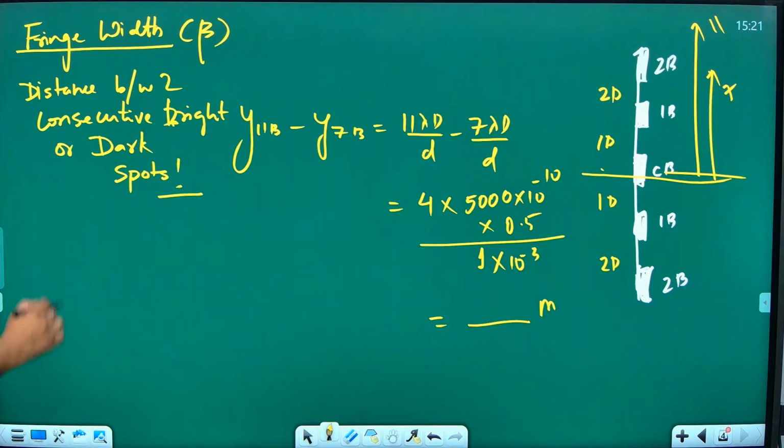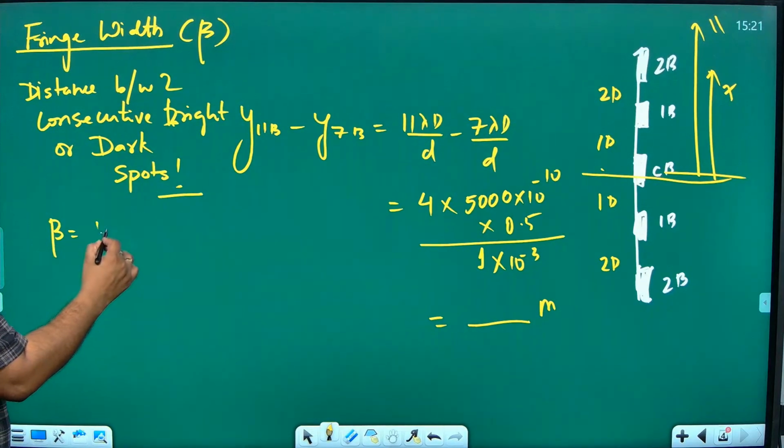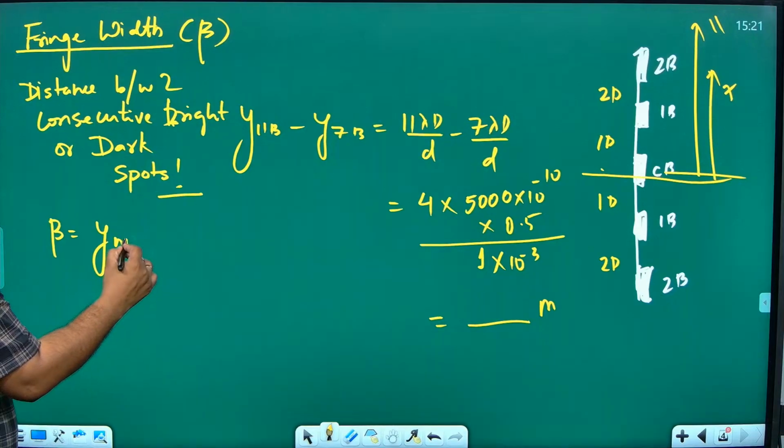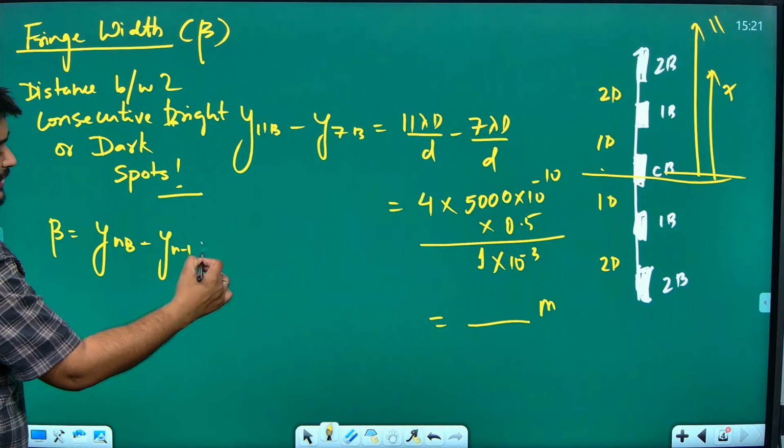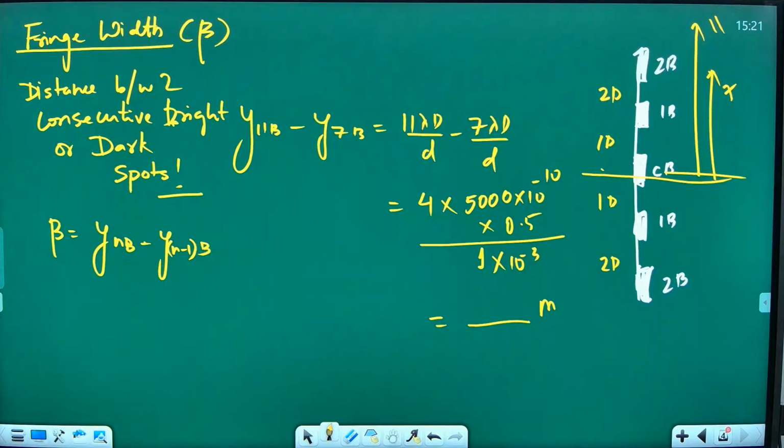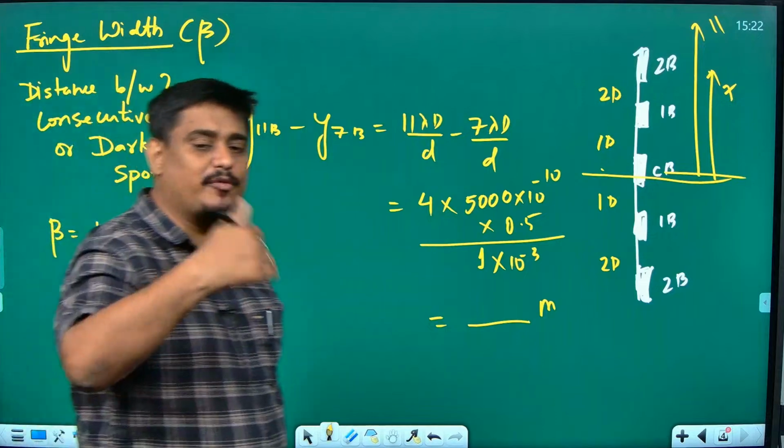It means beta is equal to y of nth bright minus y of (n minus 1)th bright. If you subtract y of 2nd bright minus y of 1st bright, you will get the fringe width.